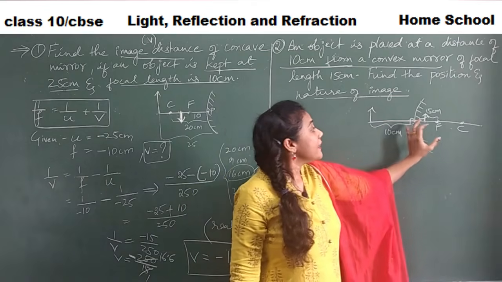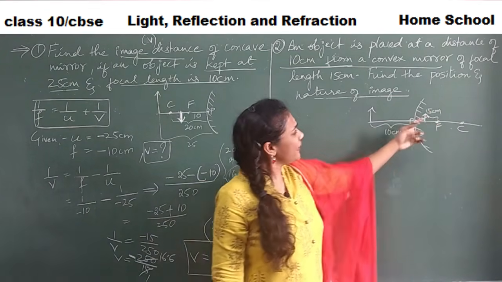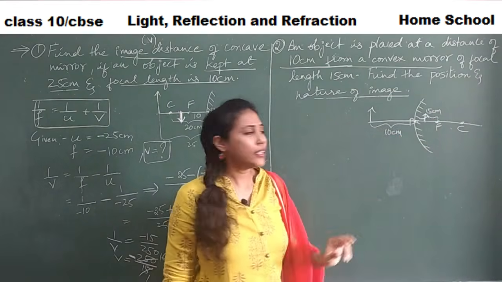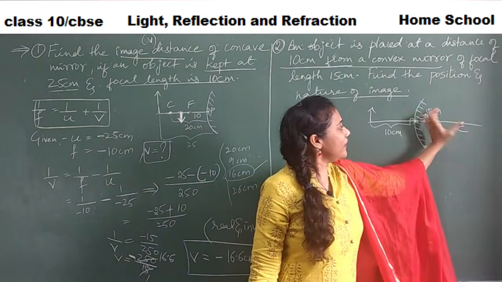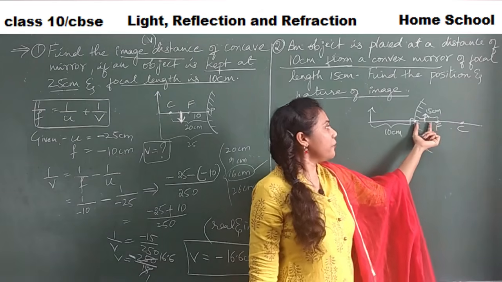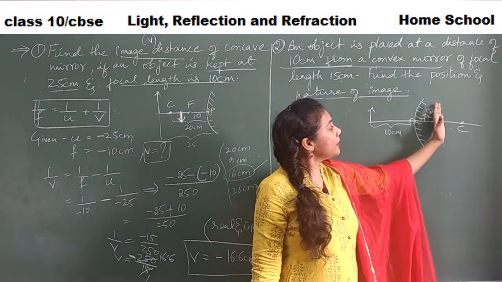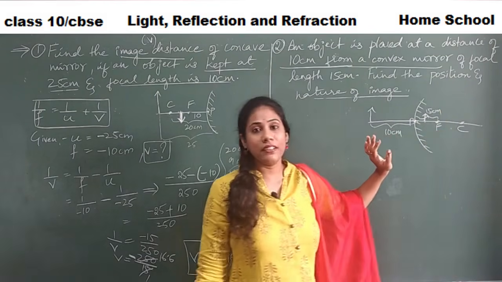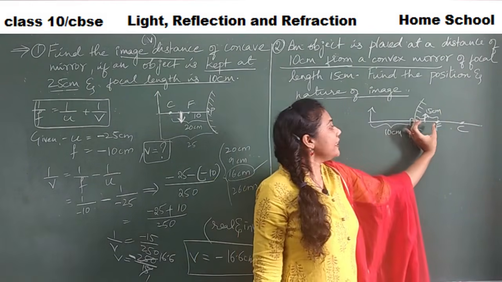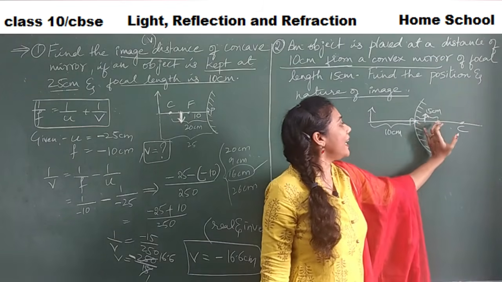That means your answer is within 15 centimeter. The focal length they have given is 15 centimeter. You will get the image between pole and focus, so your answer will not be above 15. Definitely your answer is staying between pole and focal length.